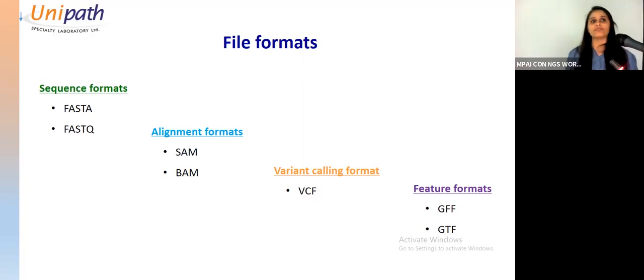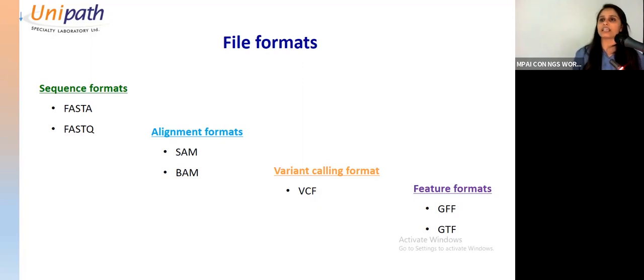Now, once you have a VCF file, again you have a conversion from T to C, whatever conversion that is. But to know which gene that variant belongs to, you need the help of a GFF file. GTF and GFF files come along with your reference genome. For example, if you're using hg38, then along with that you have a GFF or GTF file, which has information of all the genes.